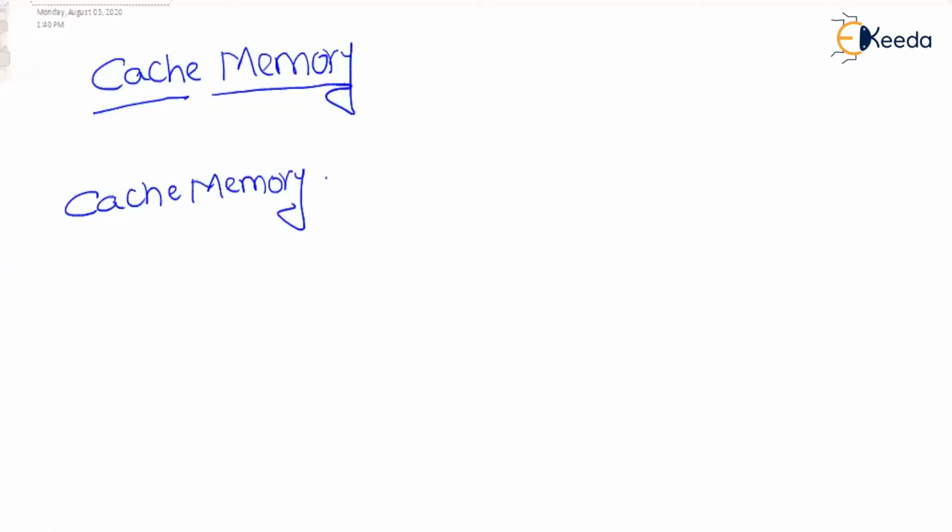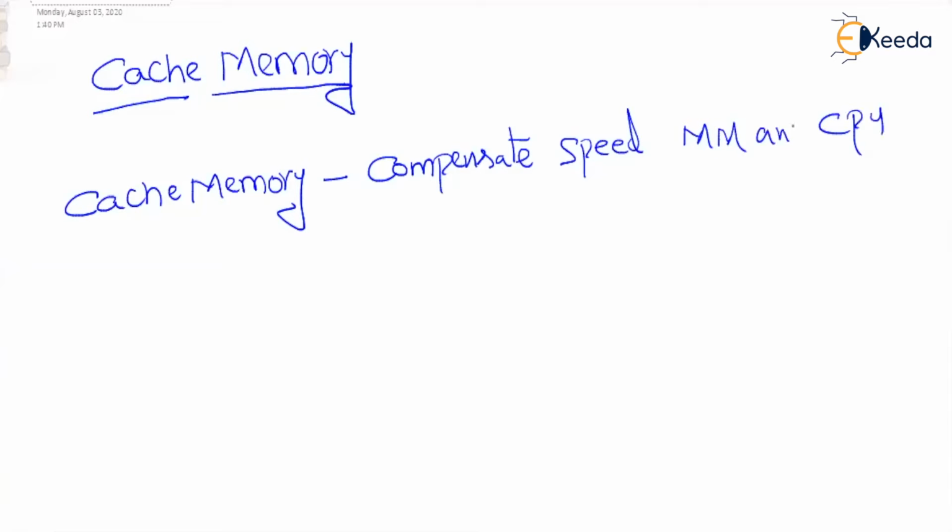The cache memory is used to compensate the speed differences between main memory and the CPU. That is because the CPU is the fastest device, but main memory is not as fast as the CPU.